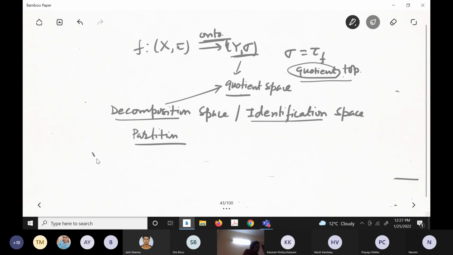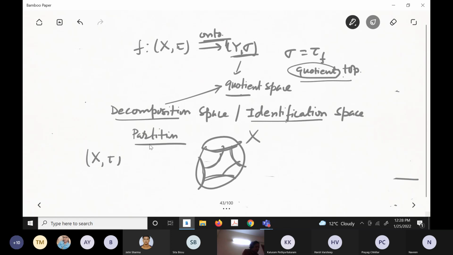Suppose X, right now you don't need topology. This is your X, and you are partitioning it. Remember that a relation on a set X is an equivalence relation if and only if it gives a partition. This partition decomposes X into disjoint sets.